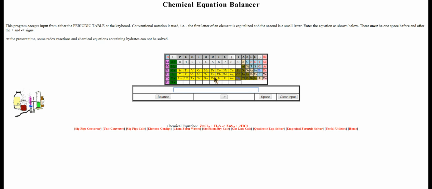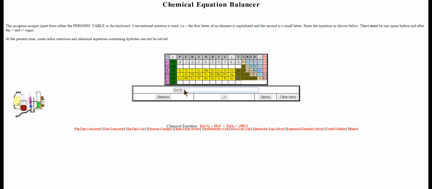So on here, you can just click on zinc and then also chlorine. Chlorine gas. But it does not balance it for you. So you gotta look at the charges. Zinc has a charge of +2. Chlorine has a charge of -1. So we need a 2 there. Next thing, put a space, add a plus sign, shift plus, another space.